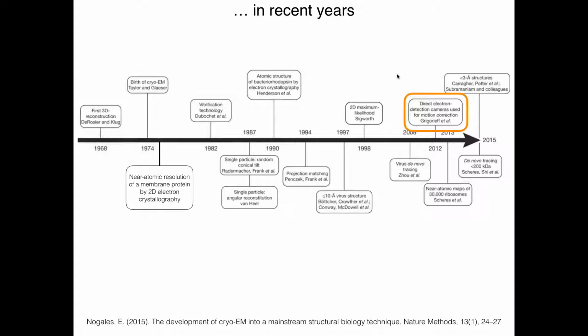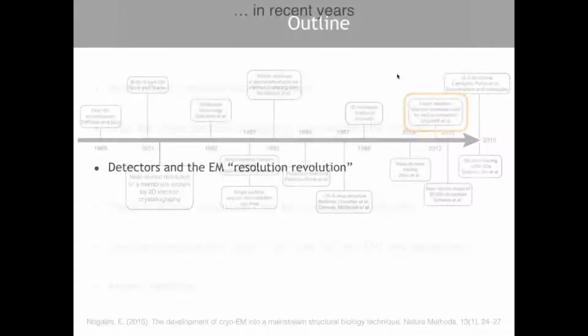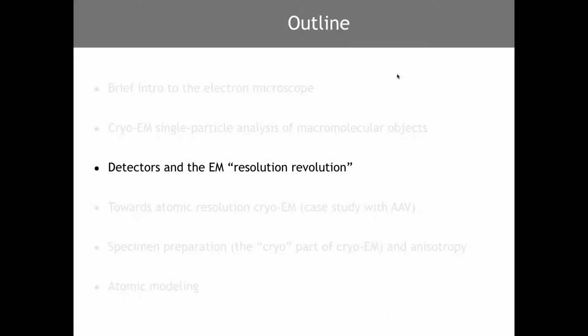But the introduction of these direct electron detectors has improved resolution to such a point where all of a sudden other people in the field started to take notice. And this of course dramatically increased the visibility of the technique and its applicability to really understanding macromolecular structural biology.